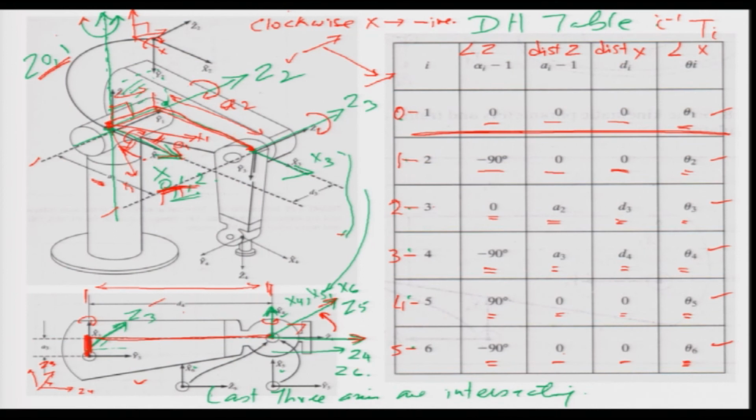Till here, 1, 2, 3, you can see that the link lengths changed, so A2 and A3, and we also have the offset distances which are changing, d3 and d4. But after this there is no change here and there is no change here, and that is because the origins are the same. Now if the origins were not the same, for example if I had the origin of the 5th frame somewhere here and I shifted it here, then what would happen?